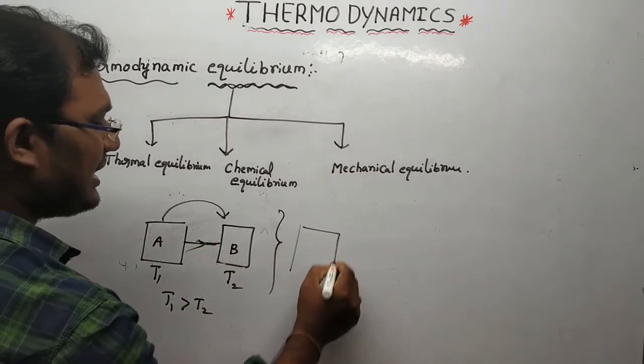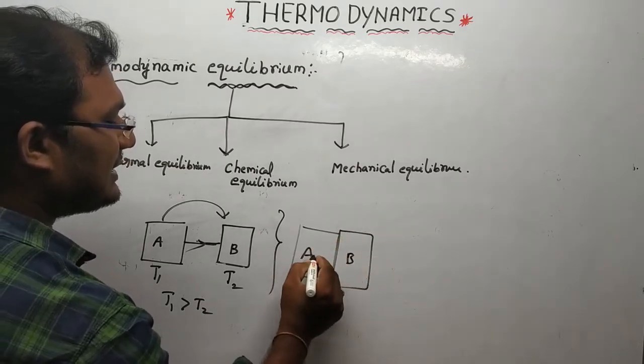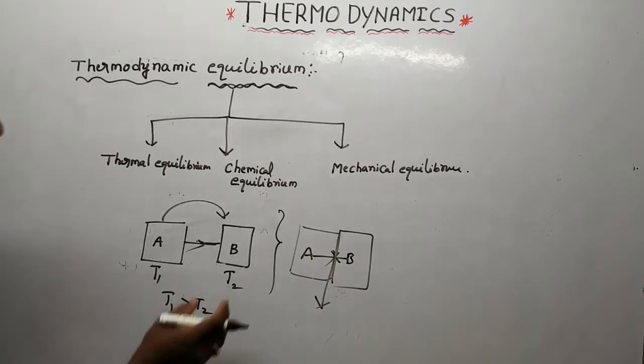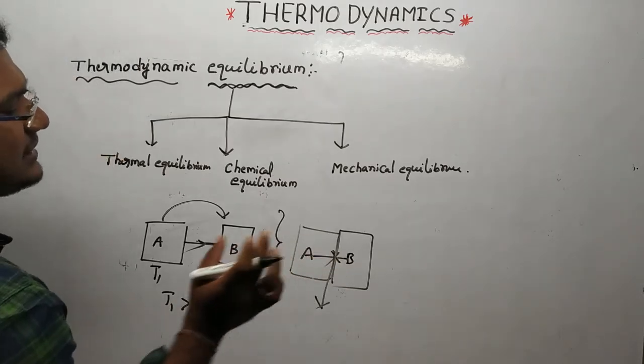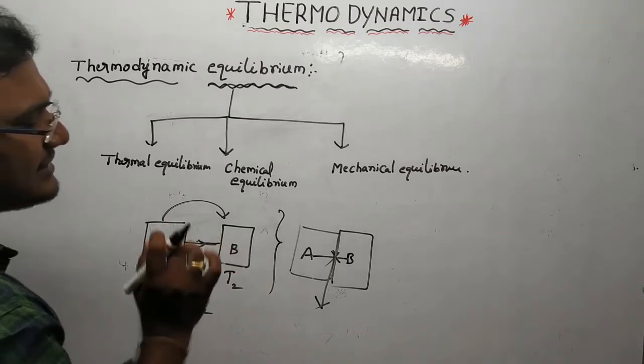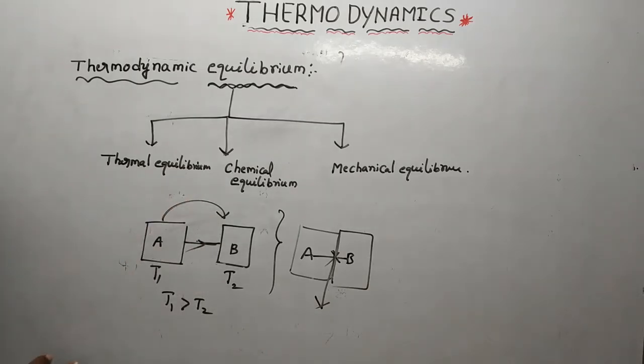Therefore, they have some common temperature, then we can say that these two bodies are in thermal equilibrium. That means if any two bodies have the same temperature, then we can say that these two bodies are in thermal equilibrium.